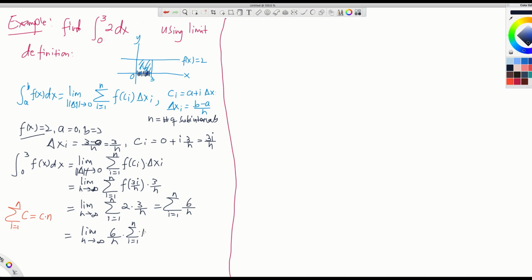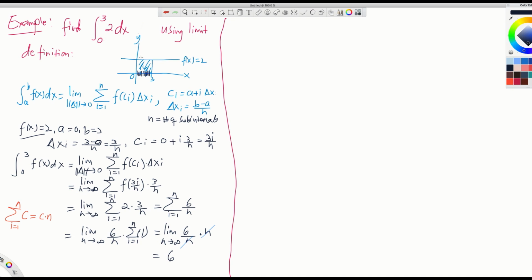You are adding 1 n times, so it is just n, right? So you can cancel that n and n. You don't need the limit anymore because there is no n left. So what is the final answer? It is just 6. So the area under f(x) equals 2 between 0 and 3 is basically 6.